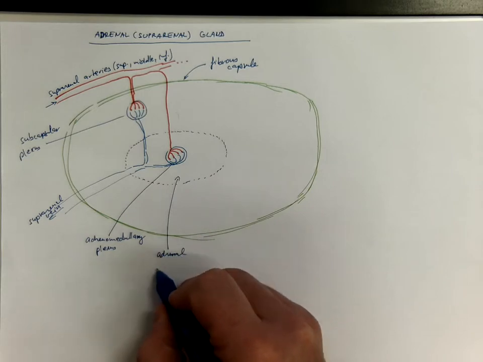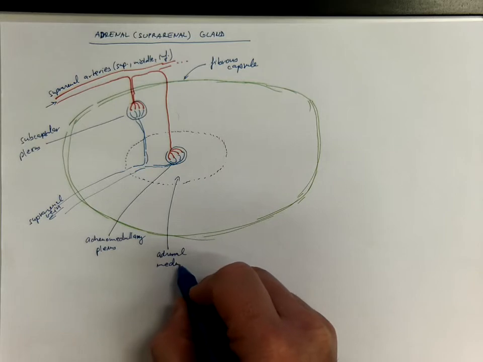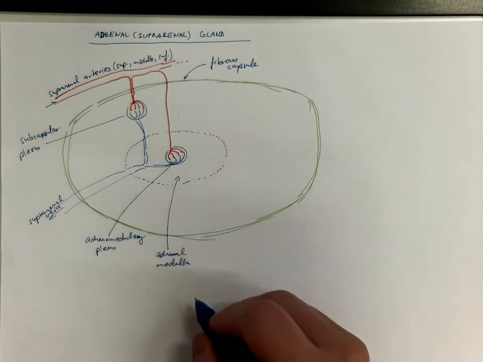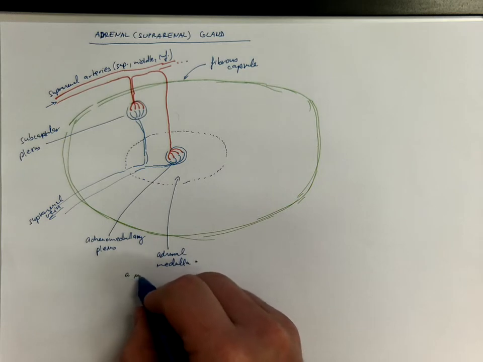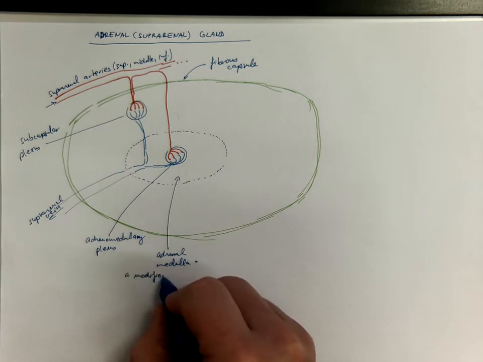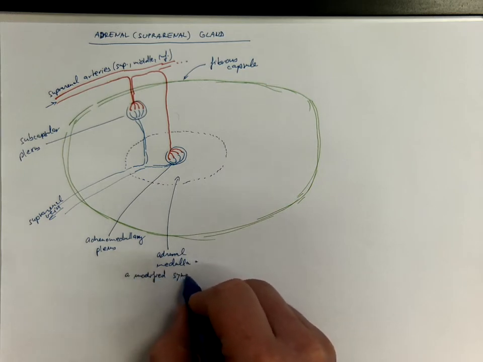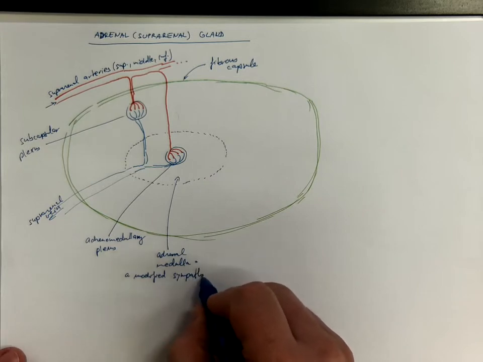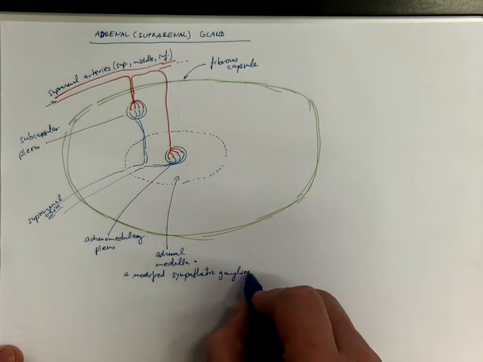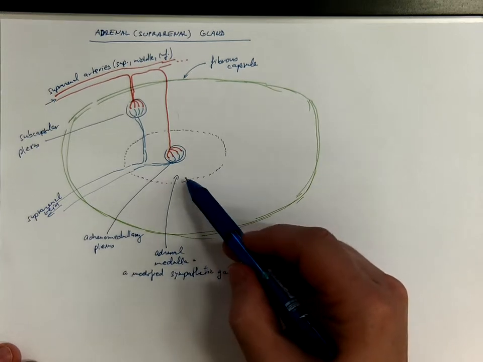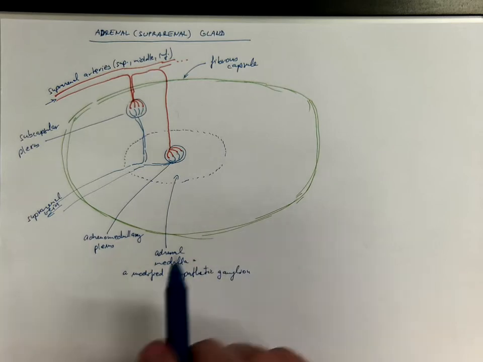The adrenal medulla is actually a modified sympathetic ganglion, so it actually belongs to the autonomic nerve system, namely to its sympathetic part.